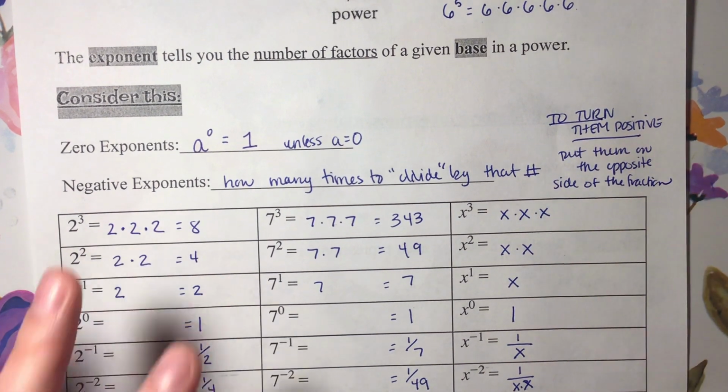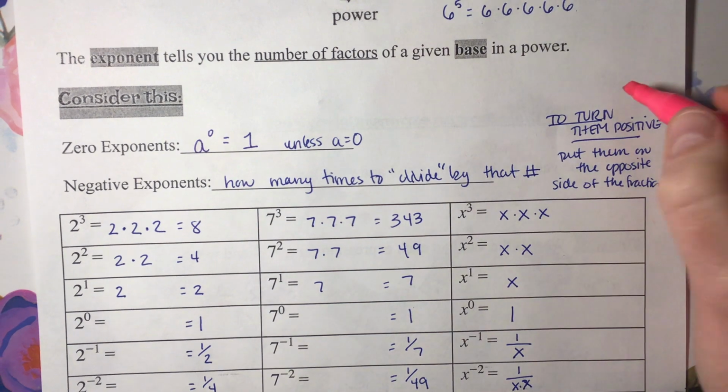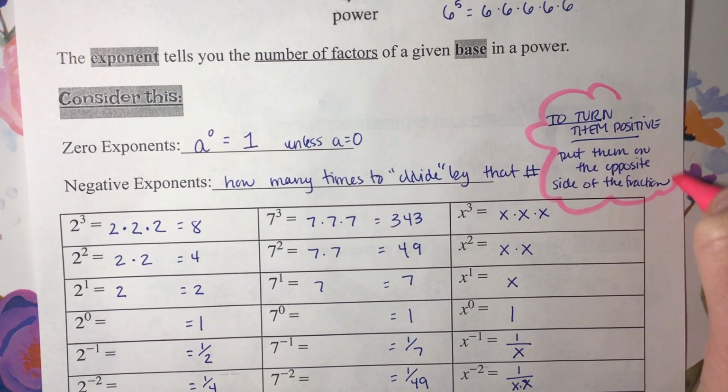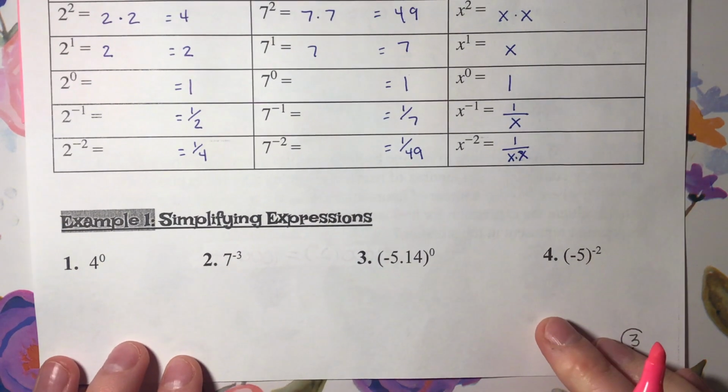You'll see what I mean by that in just a moment, but I am still going to block that in. To turn them positive, put them on the opposite side of the fraction. That's pretty important.